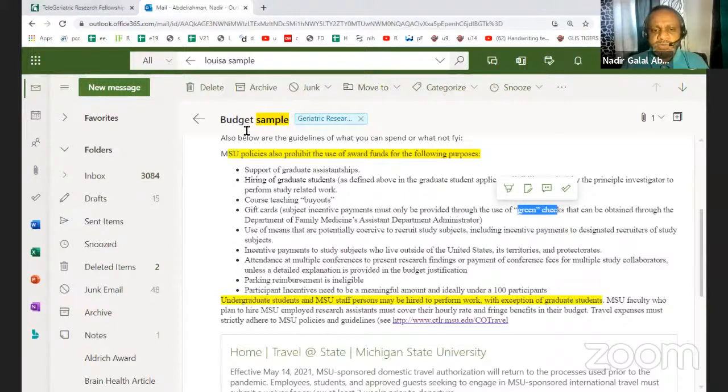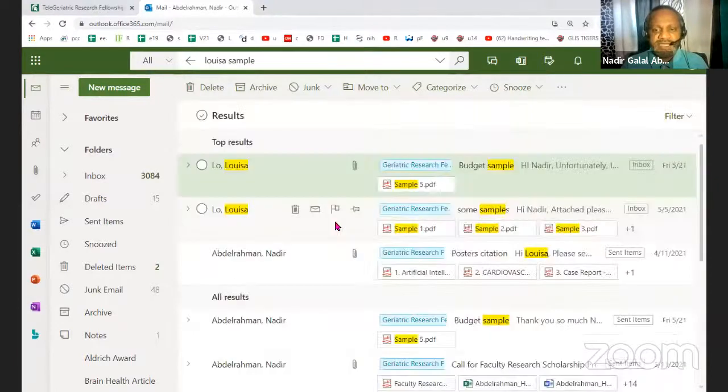So you want to look at the rules of the one who provides the money for your project before you submit. When we started this project last year, I did not pay attention to all the details. When I asked for money, I got emails back and forth, like, why do you want this?